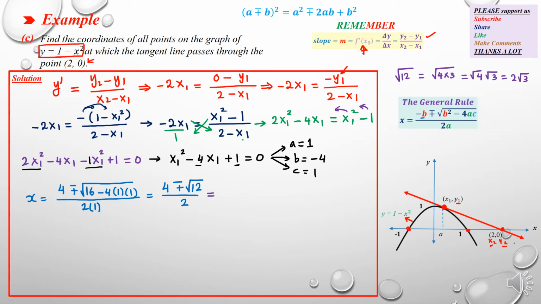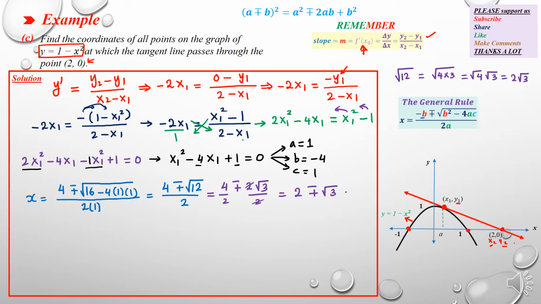So we can write this as 4 plus minus 2 square root of 3 divided by 2, and you will get 2 plus minus square root of 3. So we have two x coordinates for the point of tangency. So we have 2 points of tangency with the given conditions and the example.